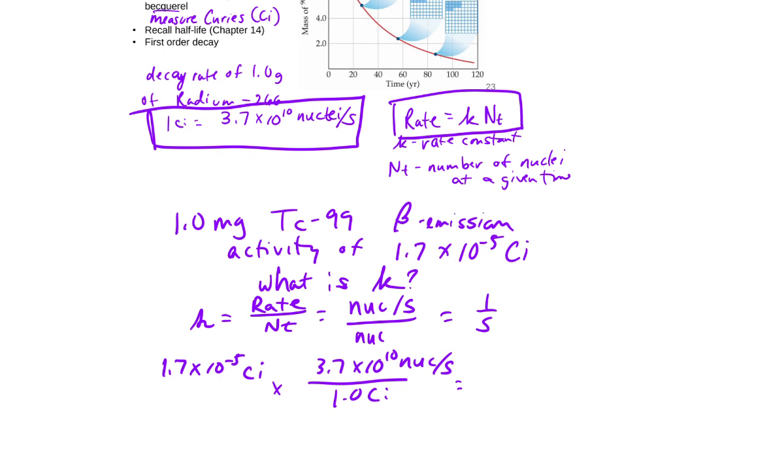And so we'll end up with 6.3 times 10 to the 5 nuclei per second for the rate. Okay, so we've gone from an activity now to a rate, and we had to use the Curie number in order to do that.